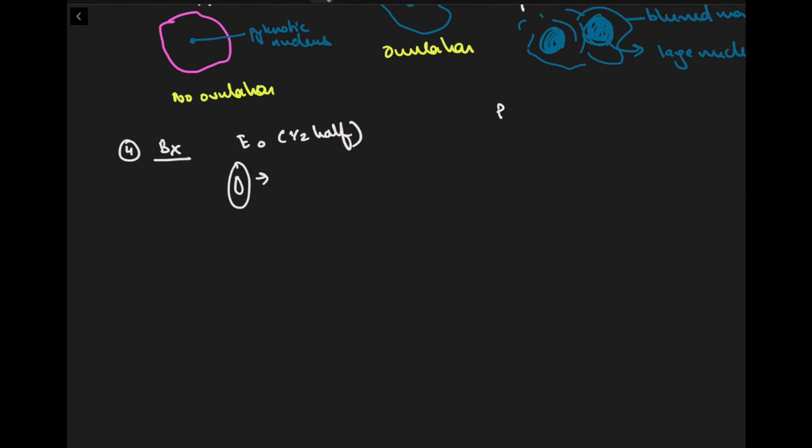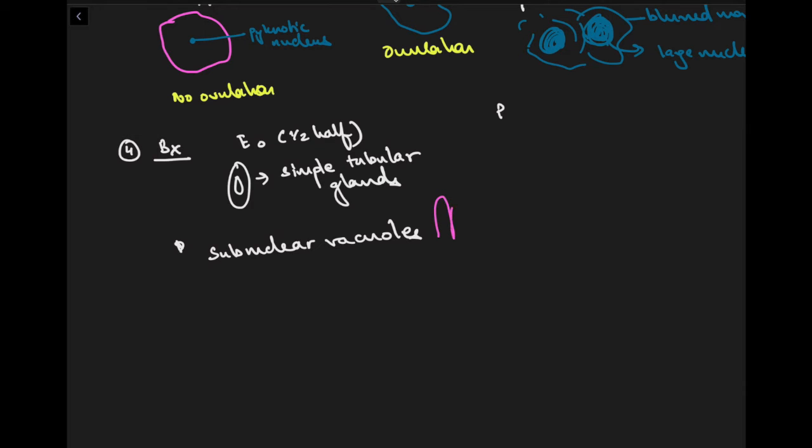Now, coming to the fourth test, which is biopsy. Again, under the effect of estrogen, we'll see simple tubular glands. Also, remember that when ovulation occurs, there is presence of subnuclear vacuoles. Let me draw it. So, these are the nucleus, and below the nucleus, we will see clear spaces, right?